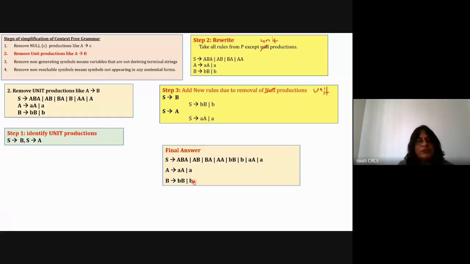Removal of unit production is just a simple step. Identify the unit productions, and if it is A is equal to B, then the meaning is that A is nothing but B. So what is there in B is also there for A. So remove the unit production in my final answer. I've removed the unit productions. There are no unit productions, but my number of rules has increased.